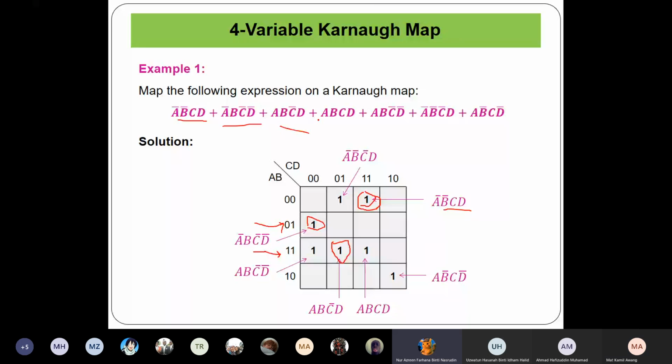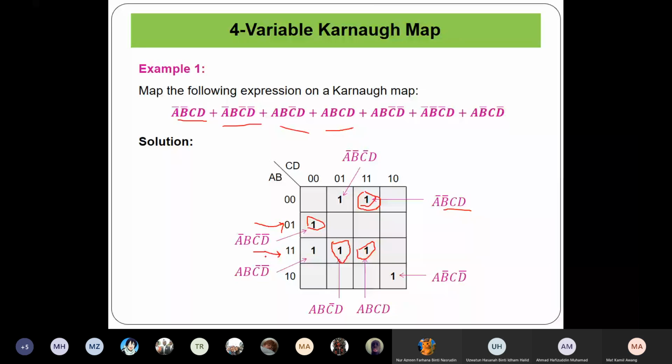The next one, A, B, C, D. A, B is this row, and C, D is 1, 1, so this is the one. The next one, A, B, C bar, D bar.